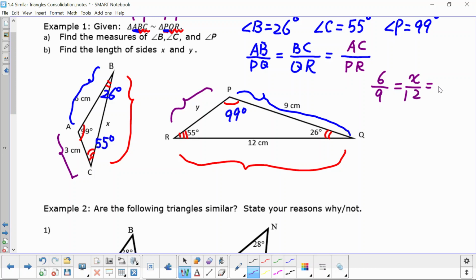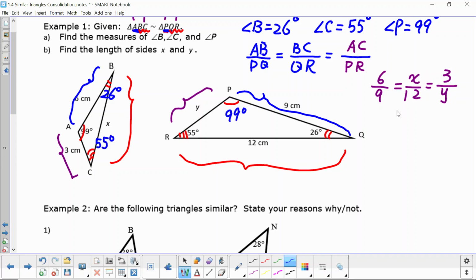Then continuing, AC is 3 over PR, which is y. You will see we substitute the given information into the corresponding ratios being equal. Then we have 3 ratios, 3 divisions, and they are equal. And we want to solve for x and y.